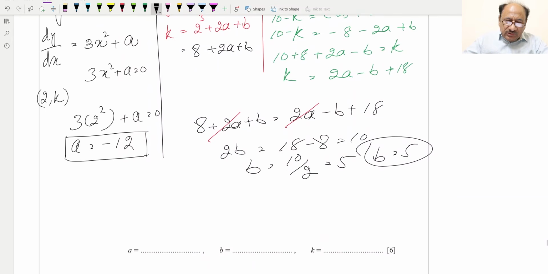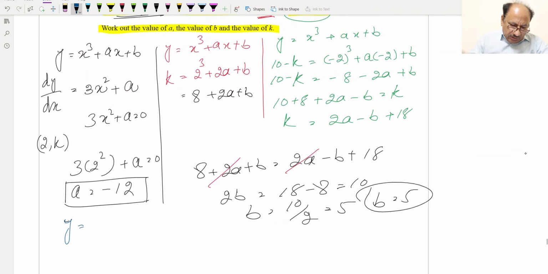Now we can use these two values in the equation which is y is equal to, I'll change color so that you can figure out the differences. So the equation is y is equal to x cubed plus ax plus b.